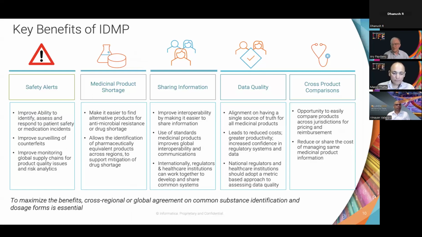And it also makes it easier for regulators and healthcare institutions to work very closely together to develop shared common systems. Number 4 is all about data quality and better alignment. This is a key thing for life science and pharmaceutical companies: a starting point to look at more of a data management play, a single source of truth for all the medicinal products, containing all the substances and active ingredients and so forth.